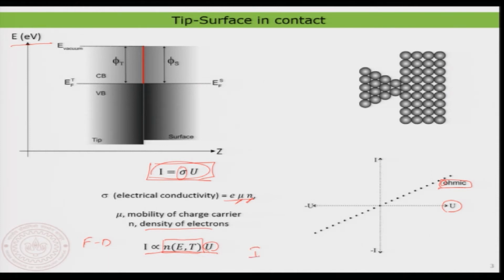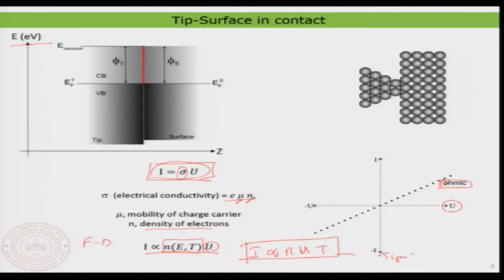That means the current is proportional to the density, to the voltage, and also to the so called transmission or tunneling probability, as you have seen, because once you open up a small gap between the tip and the sample, you are going to have the so called tunneling coming into play.